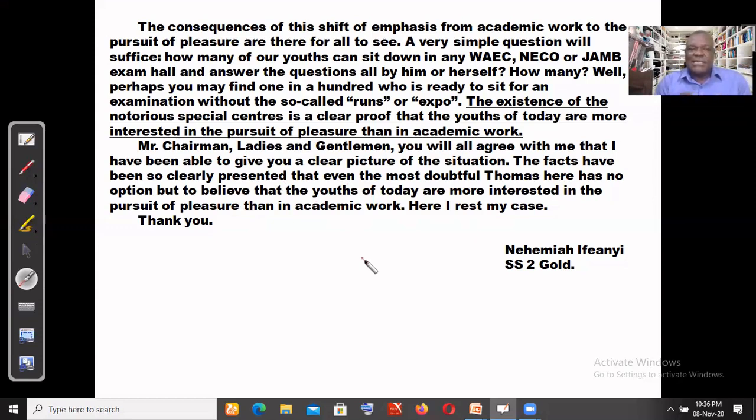In an argumentative speech, you need to be emphatic in the points you are making, because you are taking the position of a lawyer in a court of law.